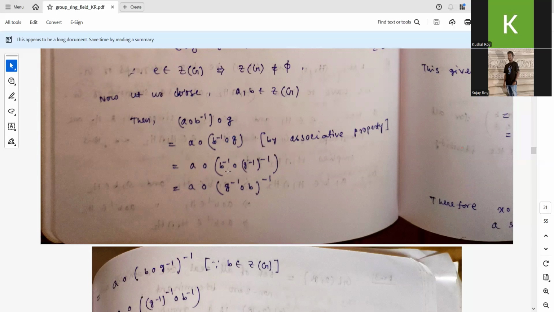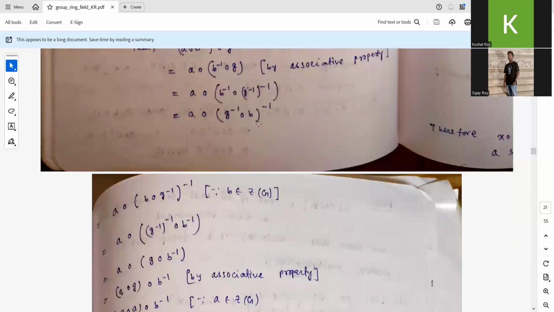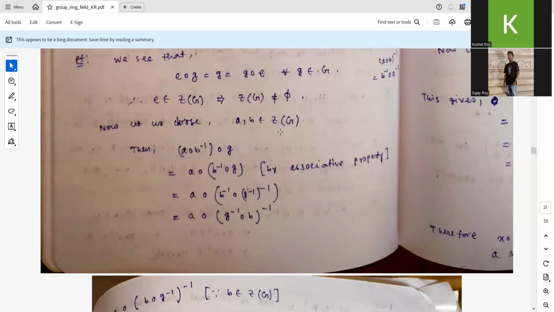Since it is b inverse composition g inverse whole inverse, it can be written as g inverse composition b, whole inverse. Why? Because I have said earlier that a composition b inverse is nothing but b inverse composition a inverse. So a composition, g inverse composition b whole inverse. Now b belongs to ZG.